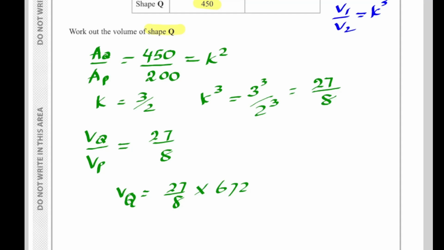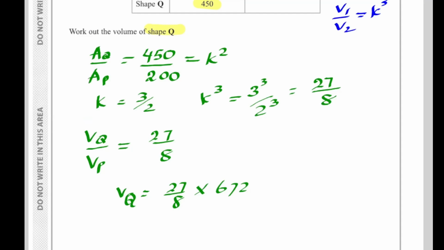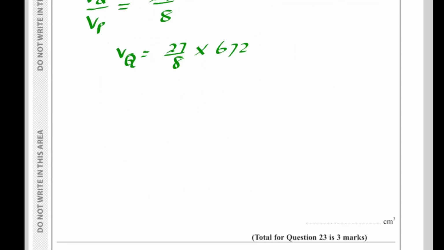So let's get the calculator and input 27 over 8 times 672, which gives 2268. So the answer becomes 2268.